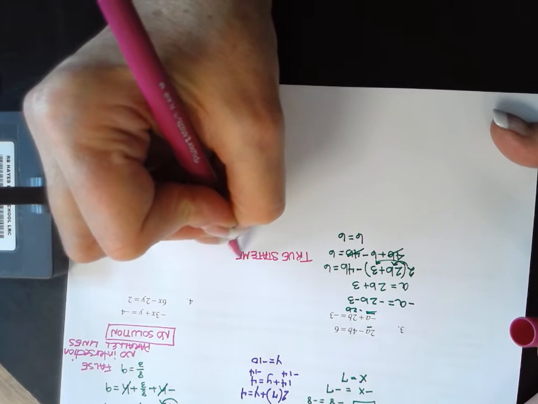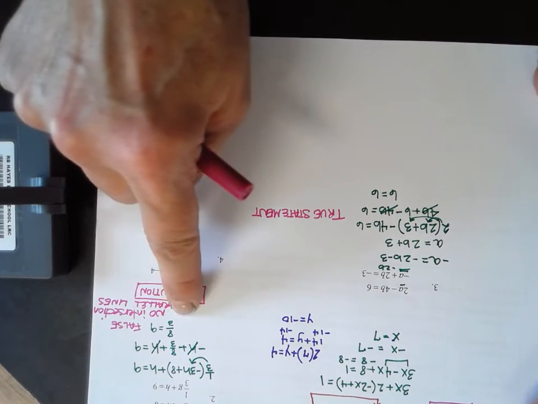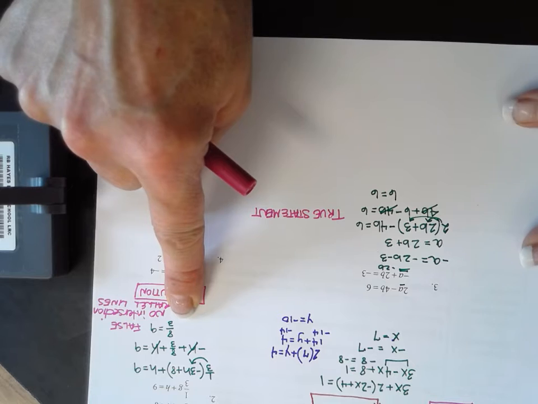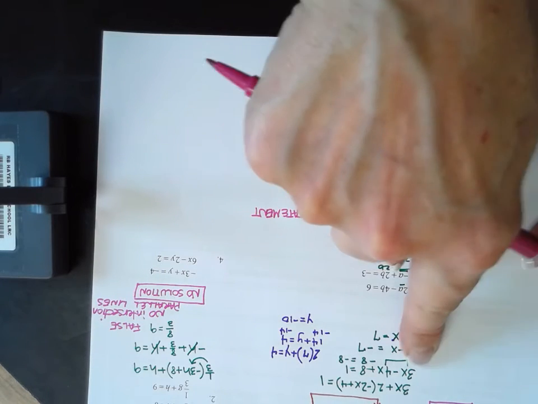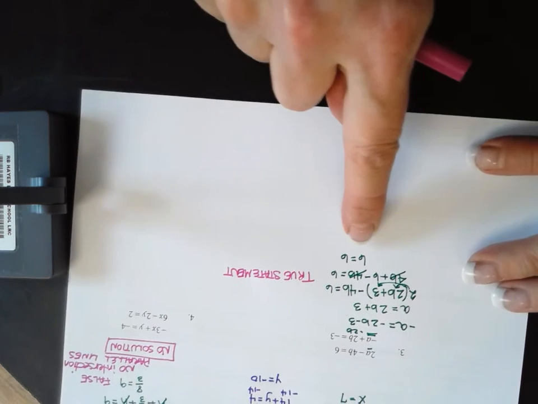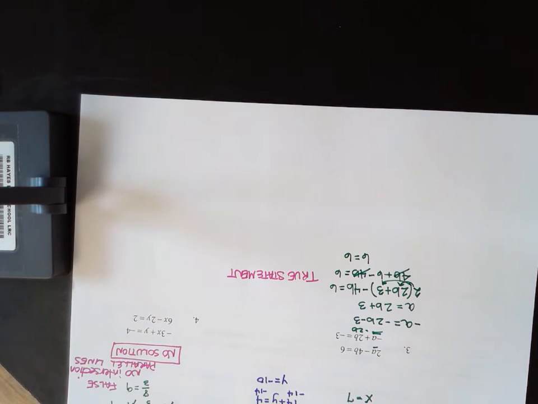So basically, up here, we were saying there is no number that equals the solution. This one's saying there's one specific number that equals the solution. If we have a true statement, what do you think that's going to mean? Remember?